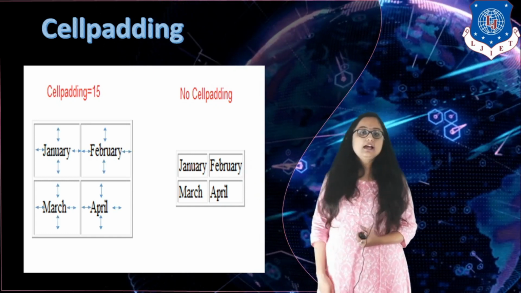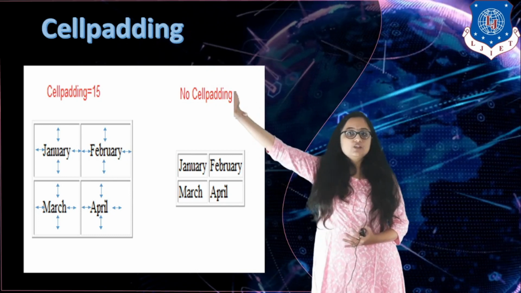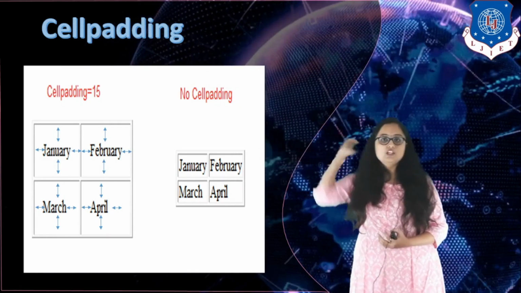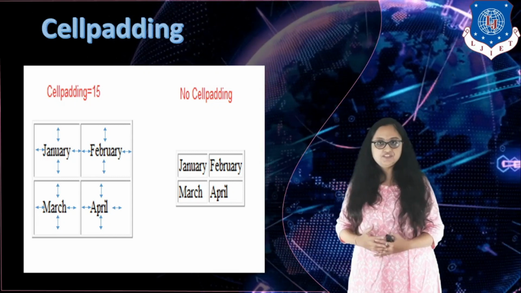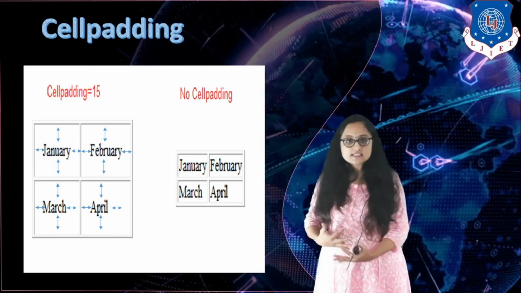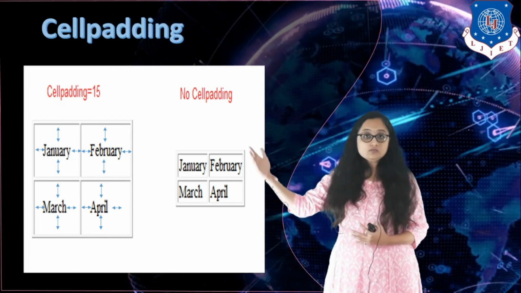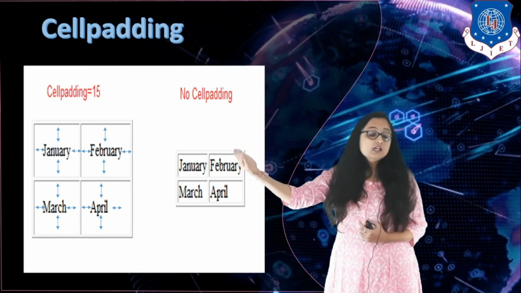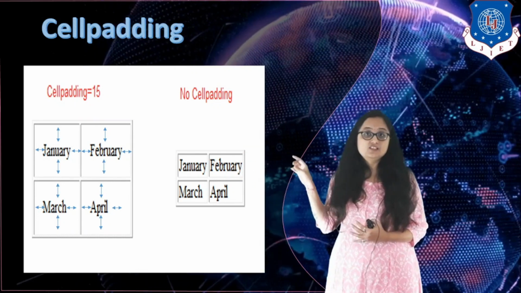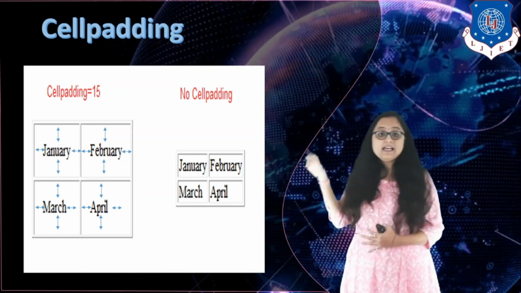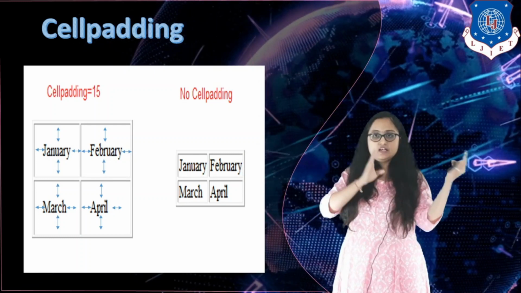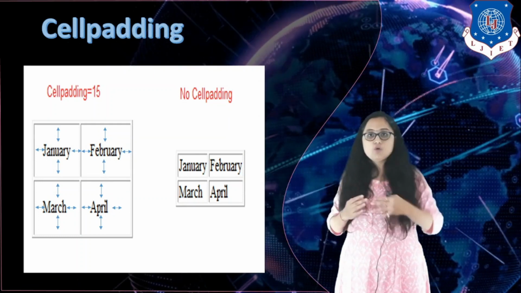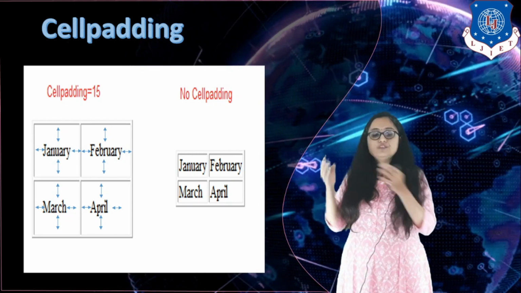Instead, if you have cell padding, here the value I have written is 15, so that is 15 pixels, right? If I give this cell padding value to the table, then you can see that there is a space between the content and its border everywhere, left side, right side, top side, bottom side, giving 15 15 15 15 pixels.